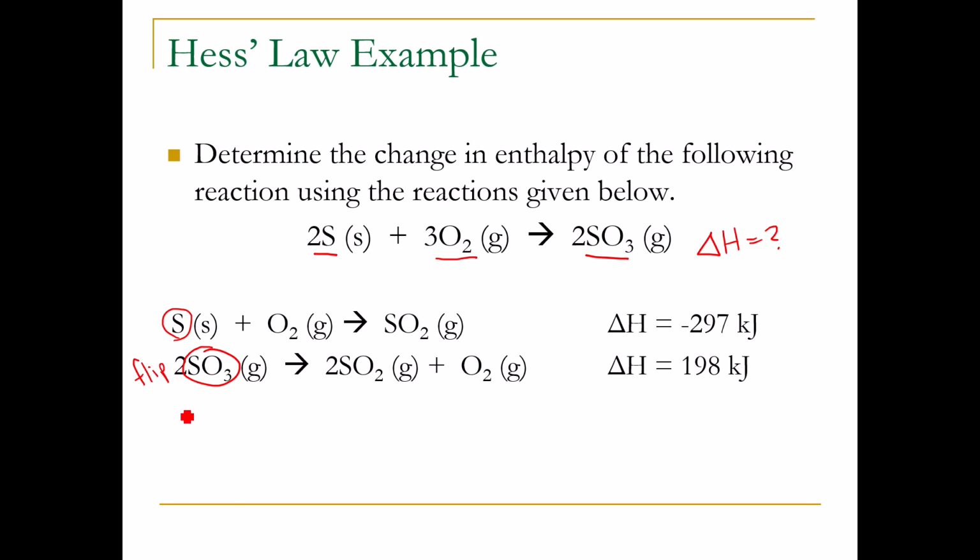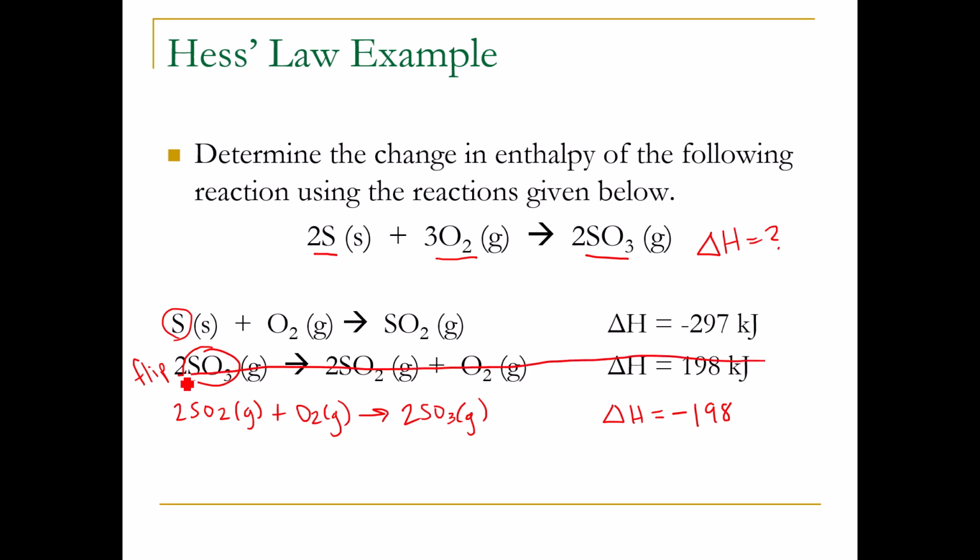Alright, so I'm going to rewrite it as 2SO2 plus O2 makes 2SO3 gas. So all I did was flip it around, and remember when we do that, the delta H flips signs, so now this is negative 198. Alright, so I'm going to cross out this guy. We're not using him, we're using the flipped version.